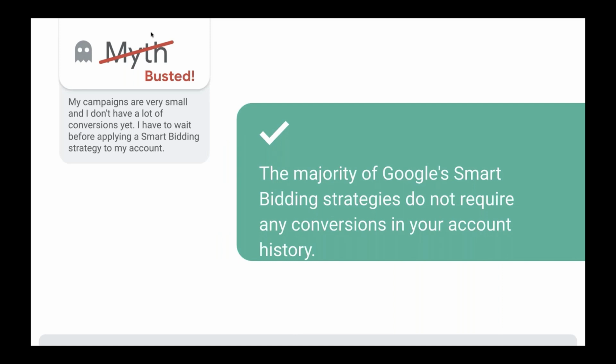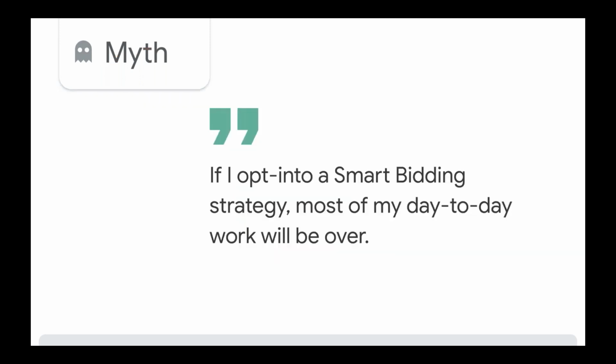For target return on ad spend, you do have a minimum of 15 conversions per month to start with. So just FYI, you don't have to have any conversions, because again, we know so much about the users before they even see your ad. The game is to understand better how they interact with your ad copy. So conversions definitely help, they are really important, but it's not a prerequisite to start with smart bidding.